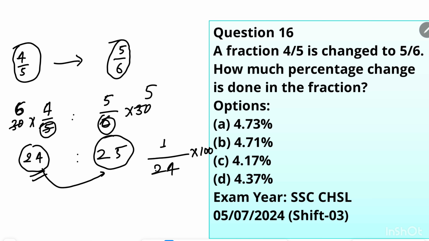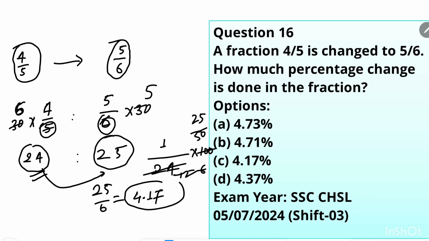Now we will multiply with 100, and you can write it like 25 upon 6. If you change it into percentage, it will give you how much? 4 times 24, and then 1, and then 1/6, right? So the answer should be C.